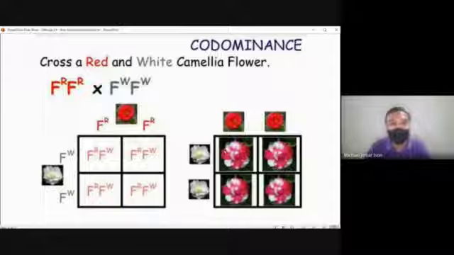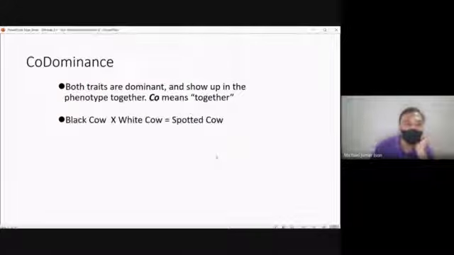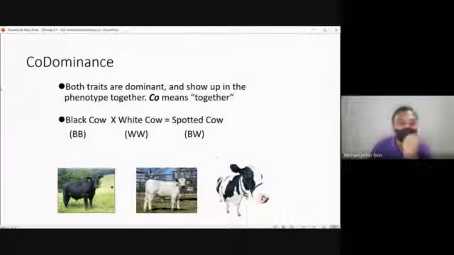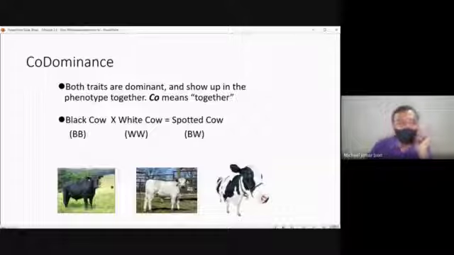Now here's another example of codominance. Again, the co meaning together, they're expressed together. You have a black cow crossed with a white cow, and you will get a spotted cow, which is the usual cow that we see in many advertisements. So you have the black cow BB and the white cow WW, and when you cross them together, of course you already know that they will simply combine.